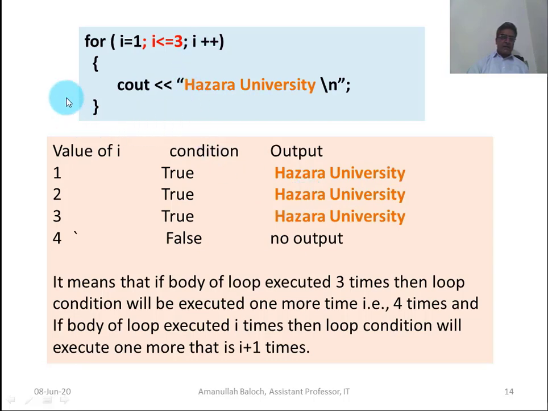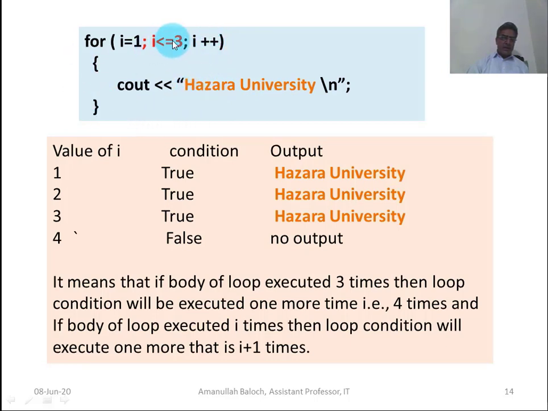In the next cycle I will again increment and become 3. 3 less than 3, no, equal to 3, yes, so again Hazara University will be displayed on screen, because for I equal to 3 the condition of the for loop is true. In the next cycle I will be incremented and become 4.